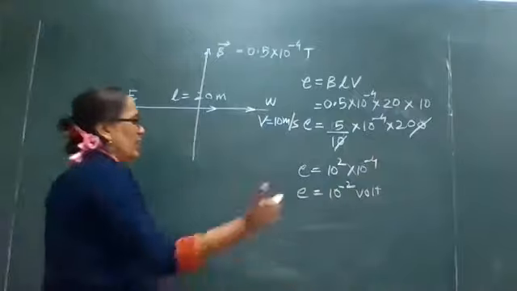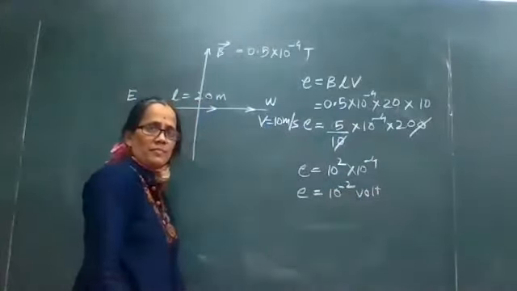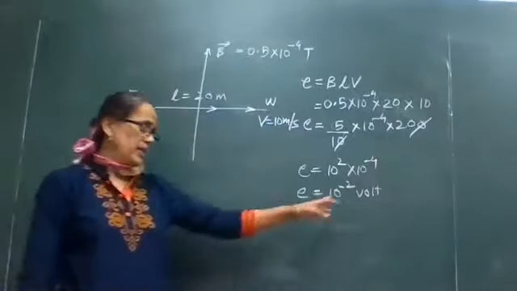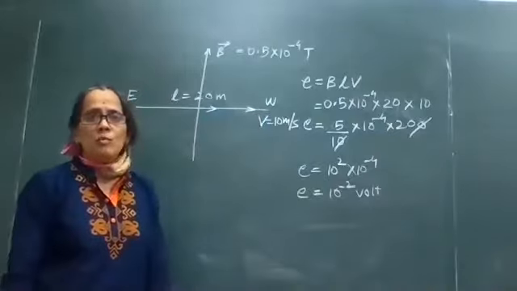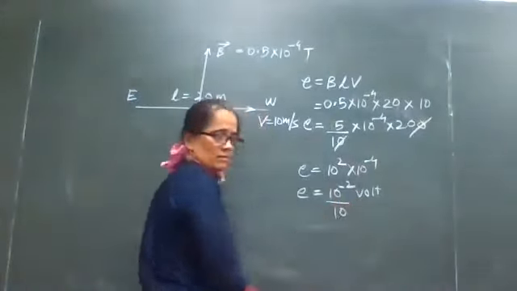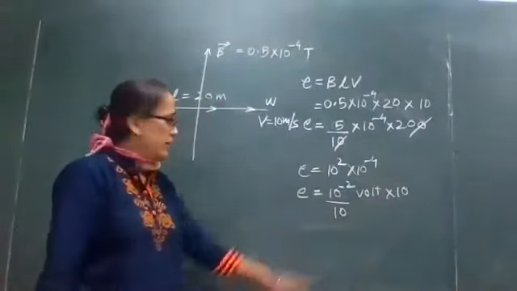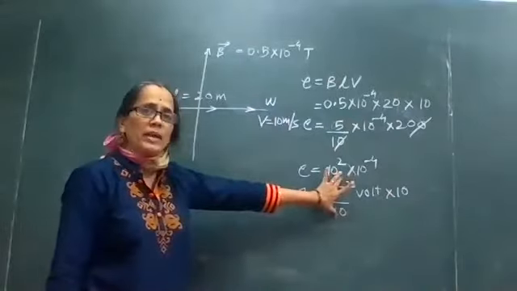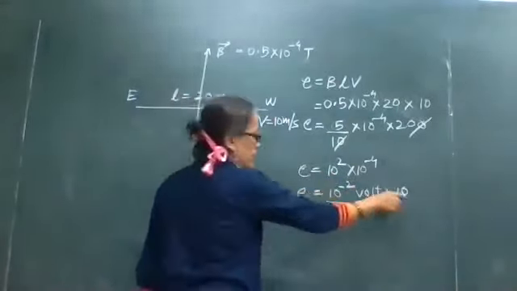But again the answer is in millivolt, which means I have to convert this volt into millivolt. Millivolt means I have to bring 10 raised to minus 3, but I have only 10 raised to minus 2. So to bring minus 3, I divide by 10, which means automatically I have to multiply by 10.